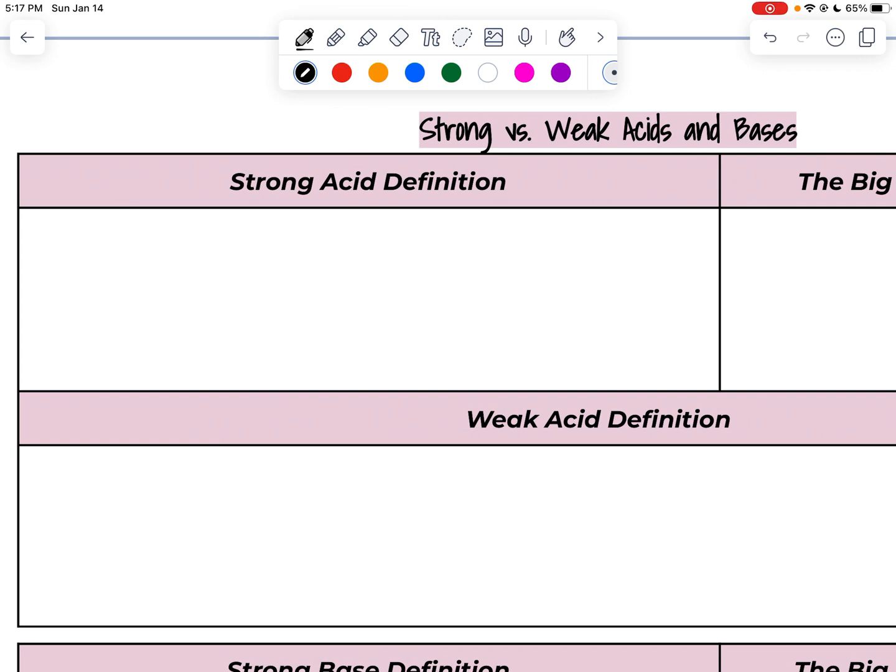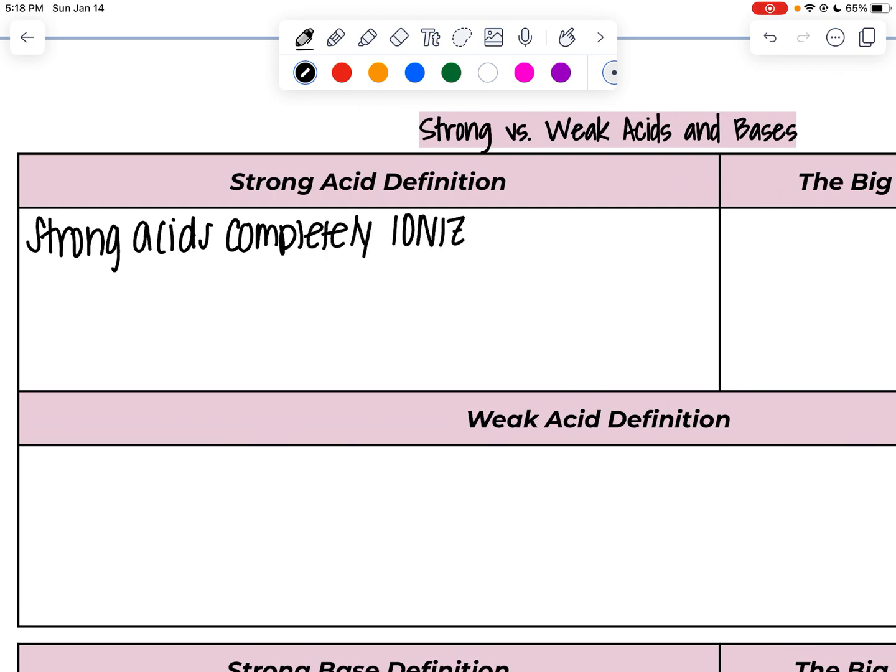But what actually makes something a strong versus a weak acid is about how much that acid ionizes or dissociates in solution. All of the acids that you've worked with are dissolved in water. They're solutions. So if you have a strong acid and you put it into water, we say that it completely ionizes.